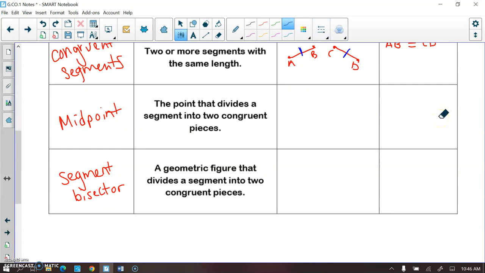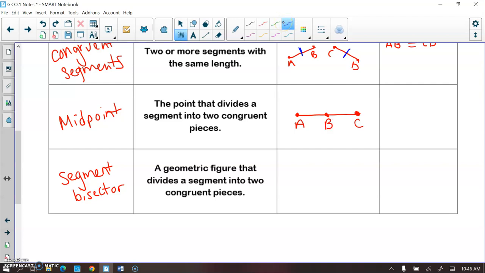Midpoint. A midpoint is the point that divides a segment into two congruent pieces. So I may have segment AC, and I have point B in between A and C. However, just because point B is in between A and C does not necessarily mean that that's the midpoint.